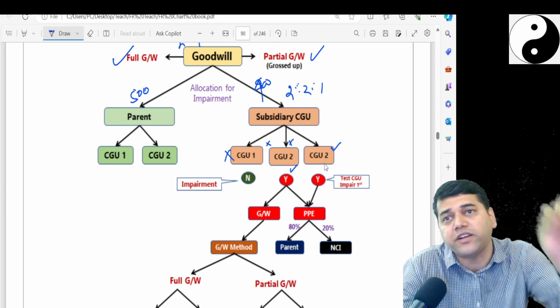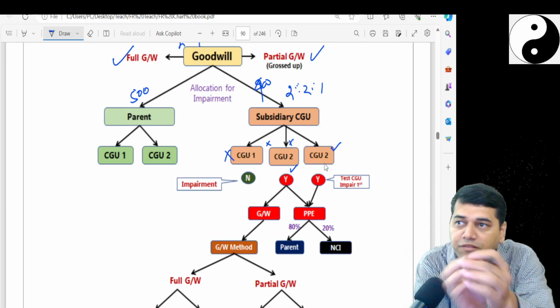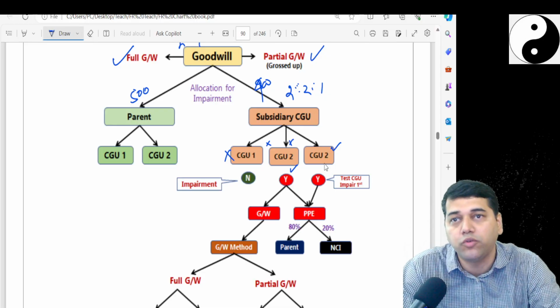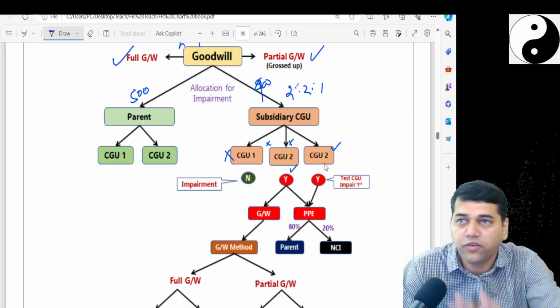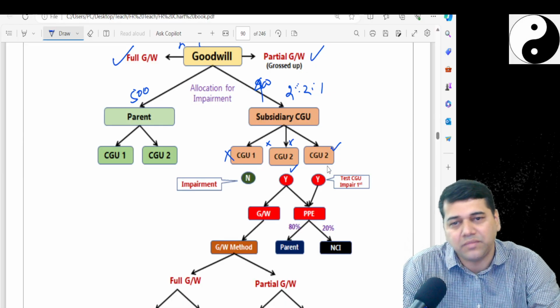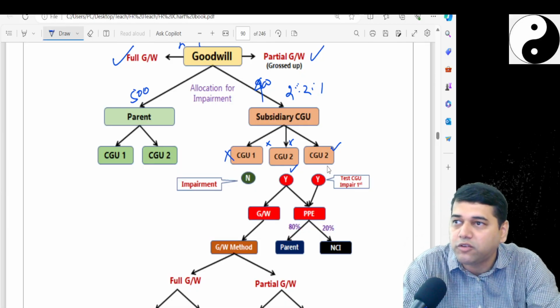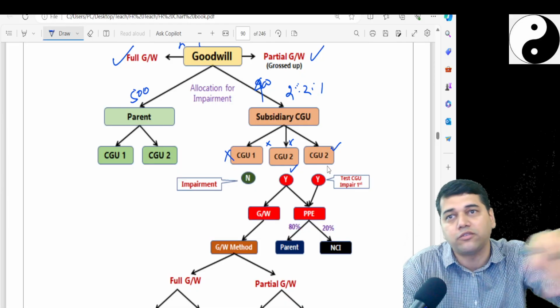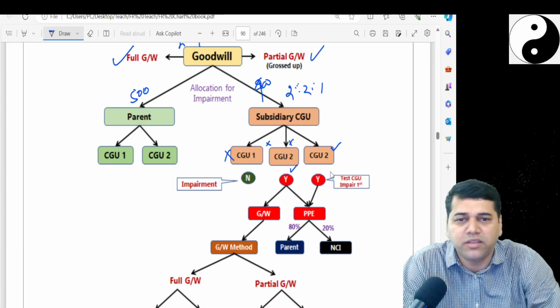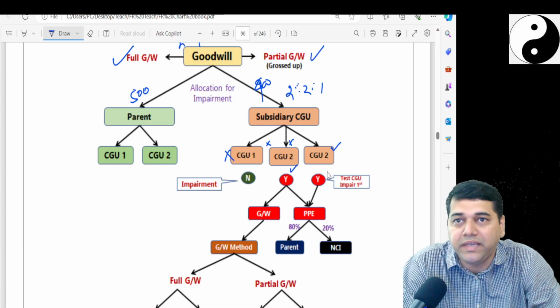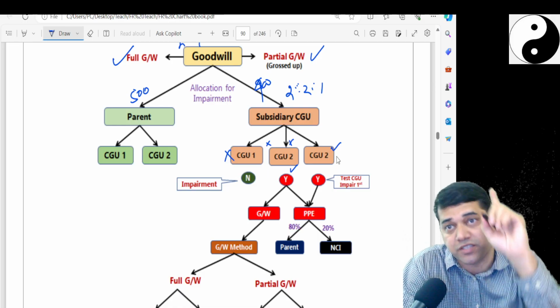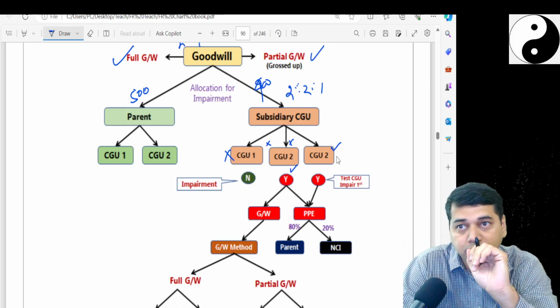And maybe after goodwill allocation the impairment amount may be more. For simplicity's sake, otherwise my chart would have been a little more complex, because in that also there is a goodwill impairment. For simplicity's sake, this is only PP impairment, which we have done first before allocation of the goodwill.